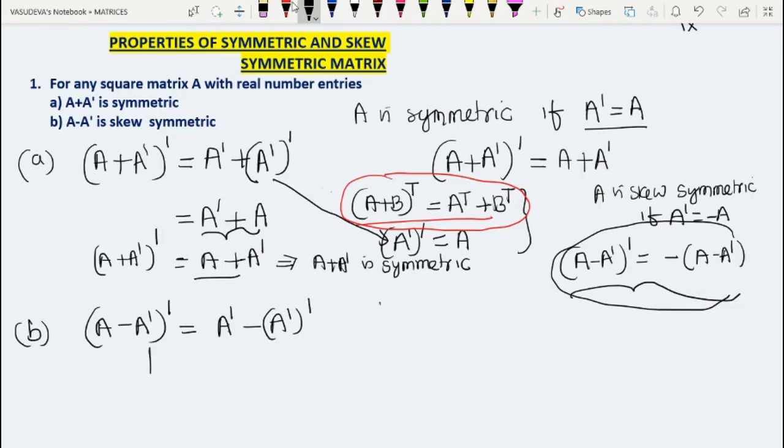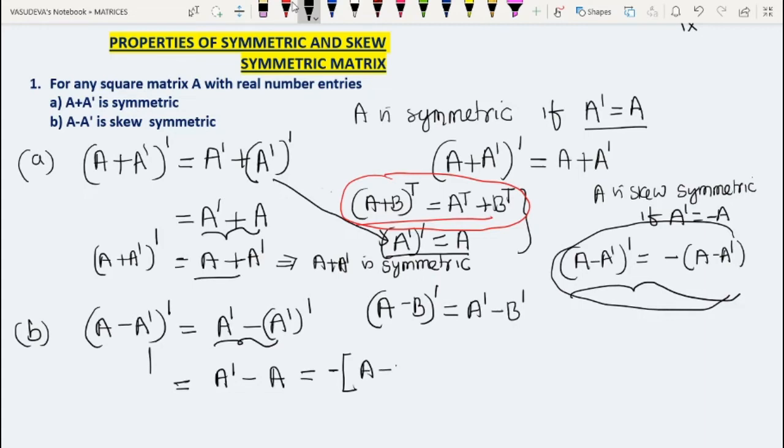So we also have the property (A minus B) whole dash is equal to A dash minus B dash. Using this, we can write A dash minus (A dash) whole dash is equal to A dash minus A. Taking minus outside, this can be written as minus of (A minus A dash).